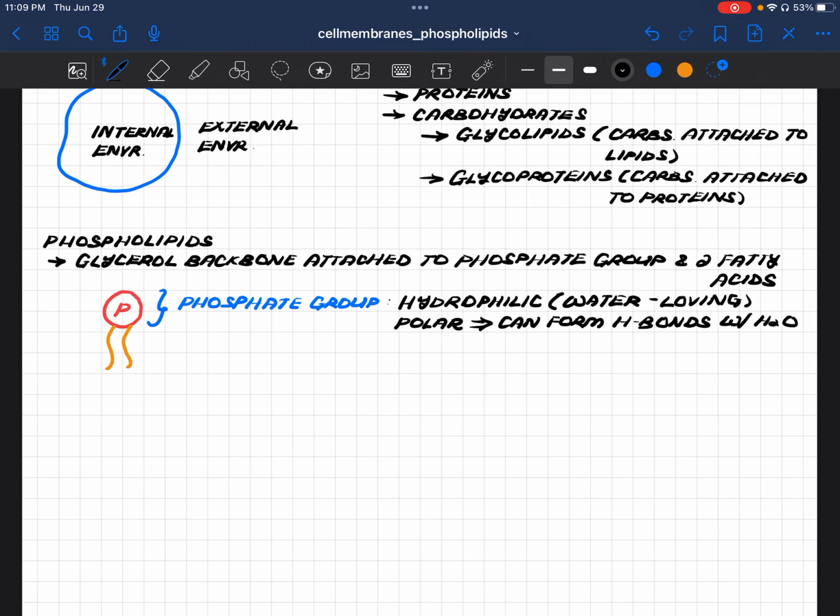The fatty acid tails, on the other hand, I'll label them here. The fatty acids are hydrophobic.